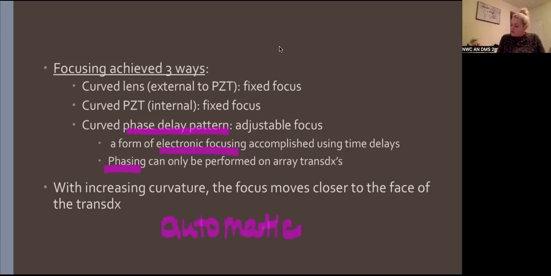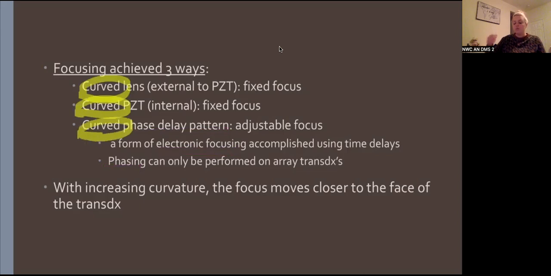Something I also want you to notice: I'm talking about focusing. How is focusing achieved? Three ways: something's curved here, something's curved here, and something's curved here. The rule is that with increased curvature, meaning more curve, the focus moves closer to the face of the transducer. If you have a curved lens, it doesn't matter.